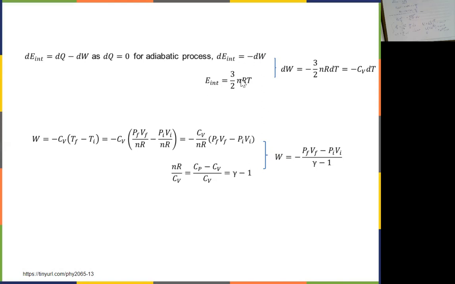Internal energy is 3/2 nRT for a monatomic ideal gas, so dW equals minus 3/2 nR dT. Here T is the variable. That equals minus Cv dT, because Cv is equal to 3/2 nR.